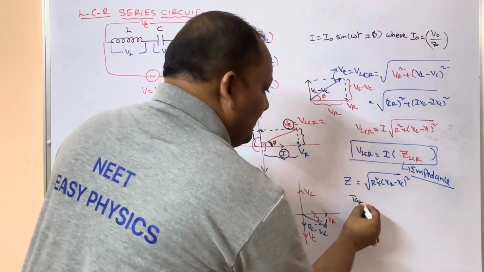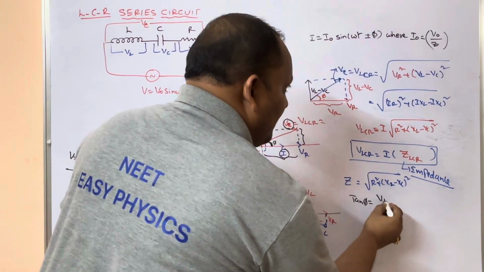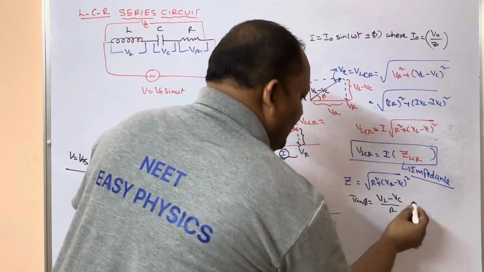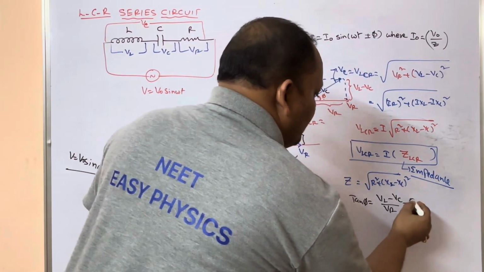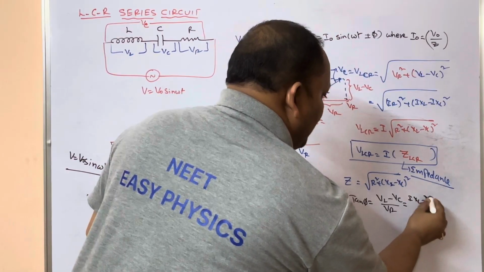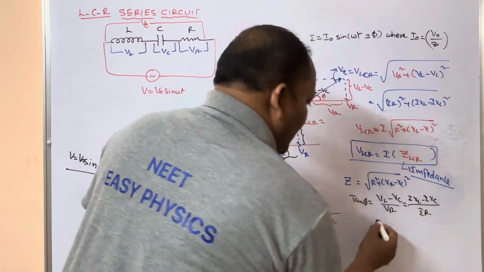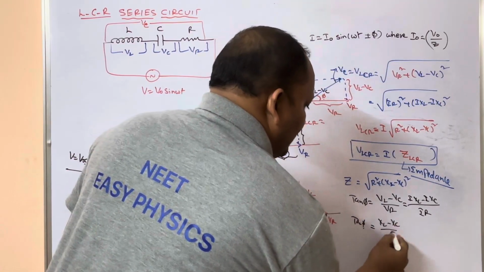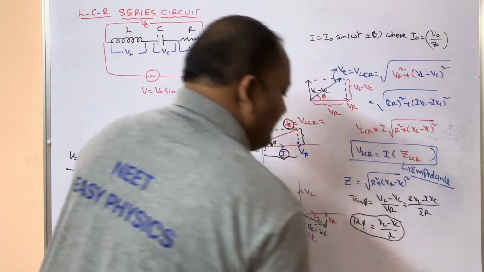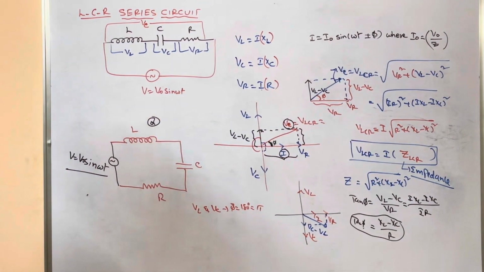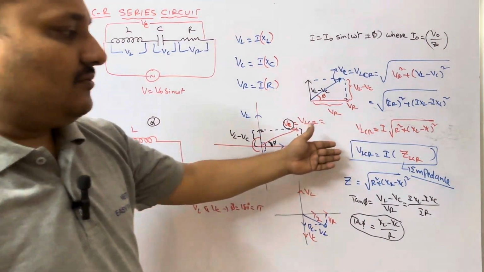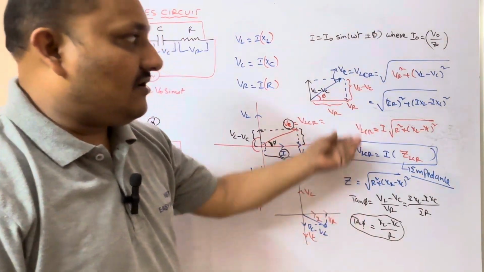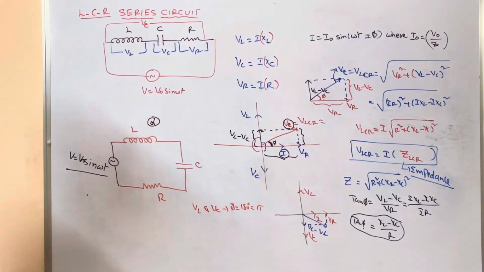Therefore, from the diagram, tan phi is equal to (VL minus VC) by VR, that is (IXL minus IXC) by IR, that is tan phi is equal to (XL minus XC) by R. So this is nothing but the phase angle, effective voltage and impedance of the LCR circuit.